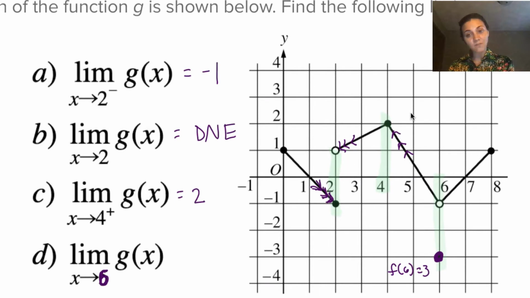So the function value at x equals 6 is -3. But we're not asking about the function value, we're asking about the limit. And the limit is just what's happening when you get really close to 6. So as I'm getting close to 6 from the left, and as I'm getting really close to 6 from the right, I can see that the limit is getting close to -1. So the limit is equal to -1, while the function value, oops, I forgot my negative sign, while the function value equals -3.